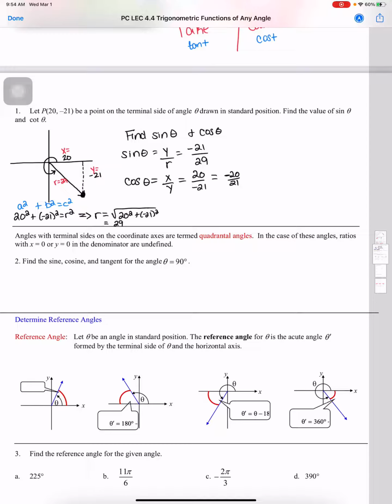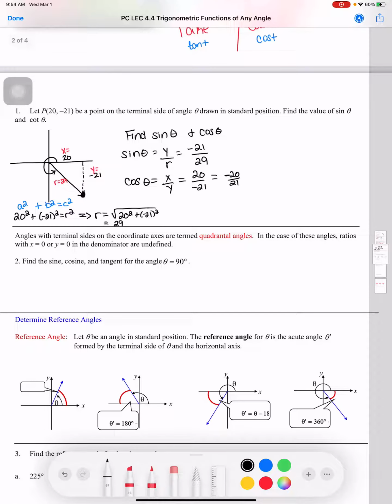So what does that mean? So I can sketch this thing out. If we were on the quadrant plane, where's my pen? There we go. So if I were to sketch this thing out, we would know that the 90-degree angle would fall exactly on that y-axis, right?